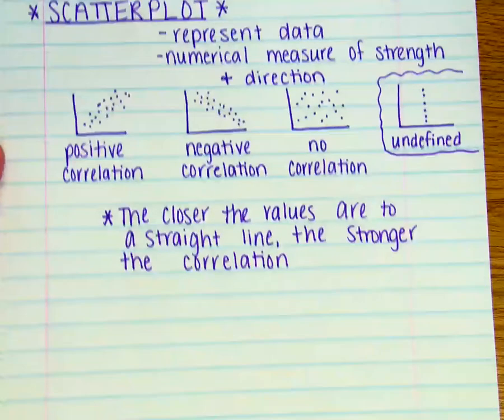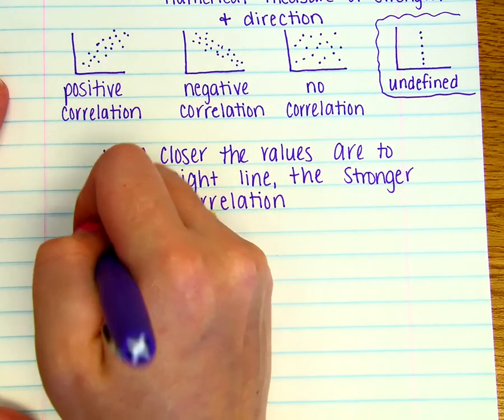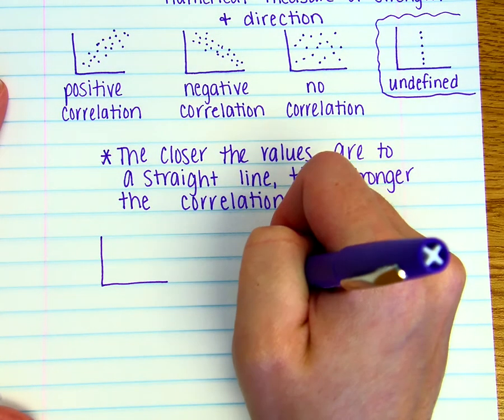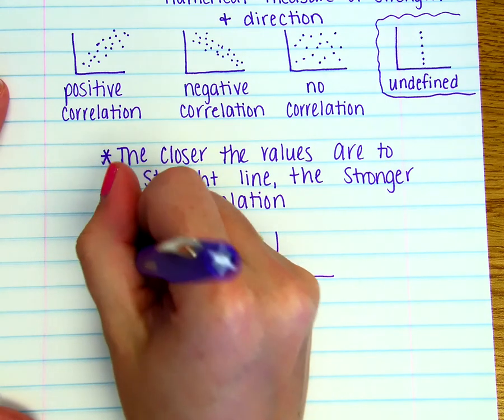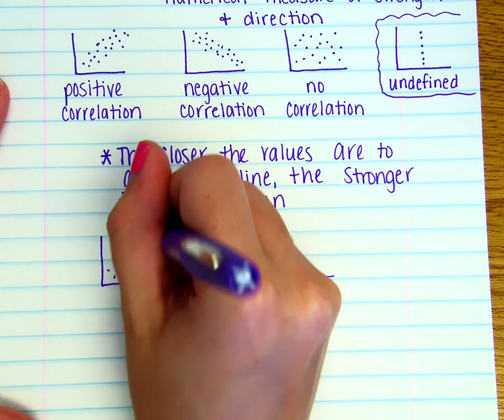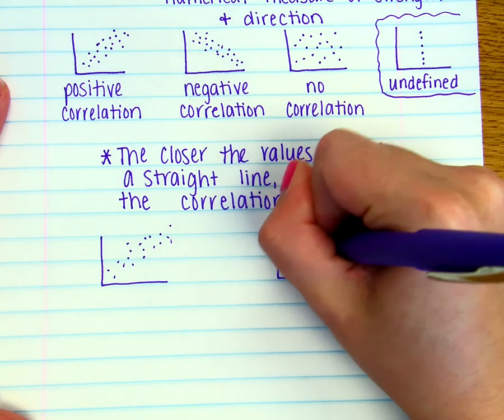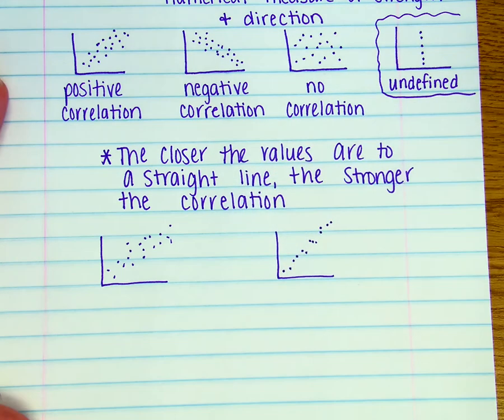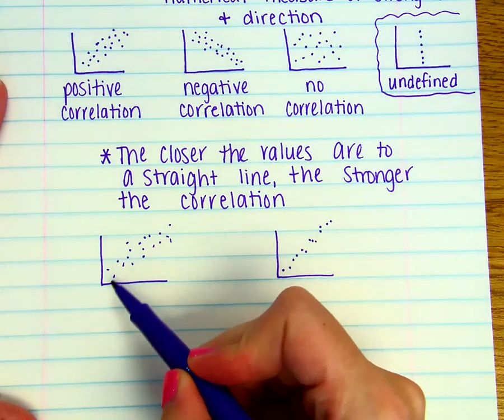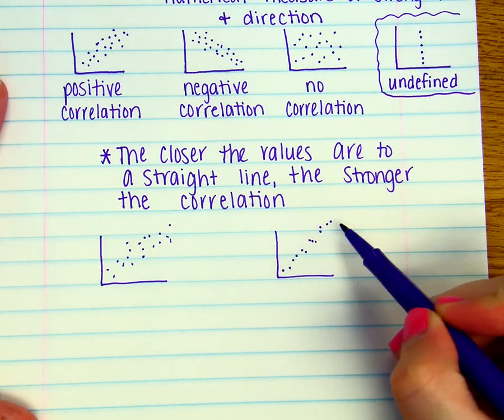If I had two graphs, I'm just going to draw them down here. Both of them are going in the positive direction.